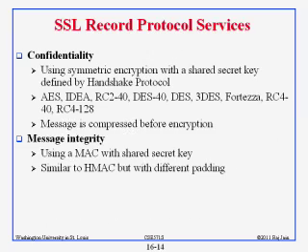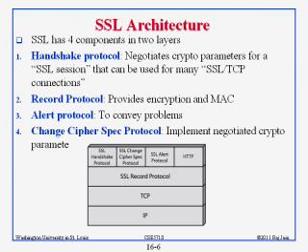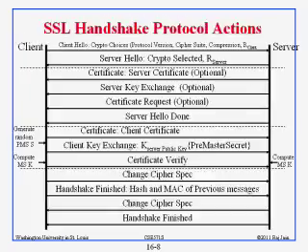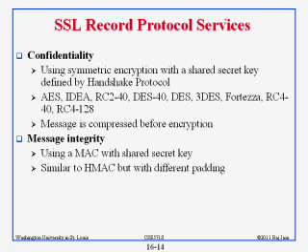Finally, the record protocol, which is the bottom of all 4 protocols, as we saw here. This is the encryption and decryption. So this is also straightforward. Basically, you use whatever algorithm you selected, and the main thing to know is that the message is compressed before encryption.